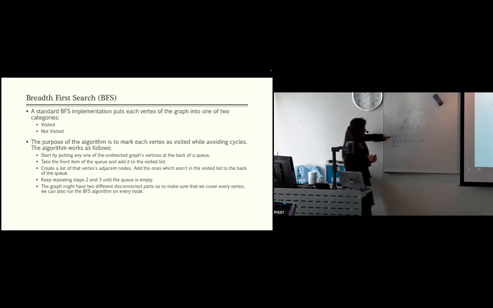So we already have visited A, and we can go from here. This is the first step. We selected vertex A and put it in the queue, and then it is at the front and we take it to the visited list.